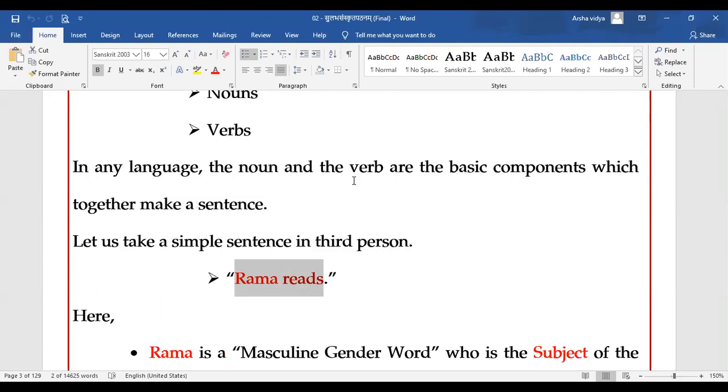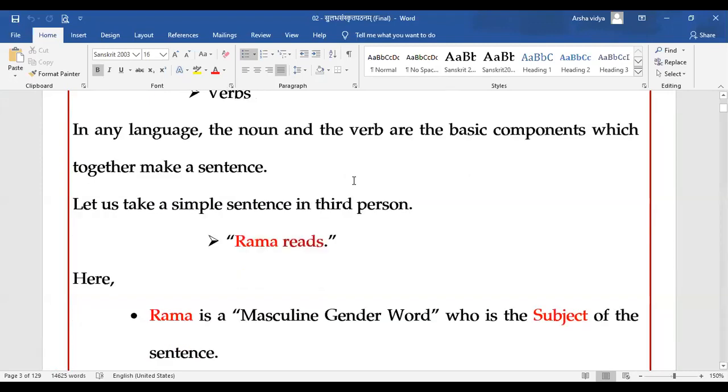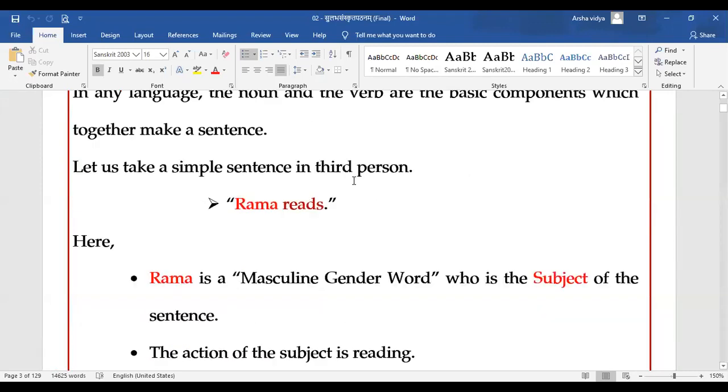If it were read, many people would be doing the action, but only one person reads here. Who reads? Rama, the person with the name Rama. Rama is a masculine gender word and he is the subject of the sentence doing the action.